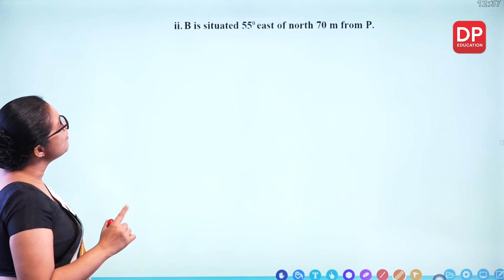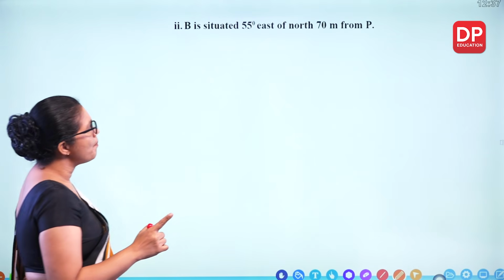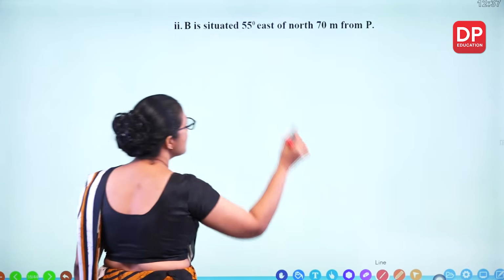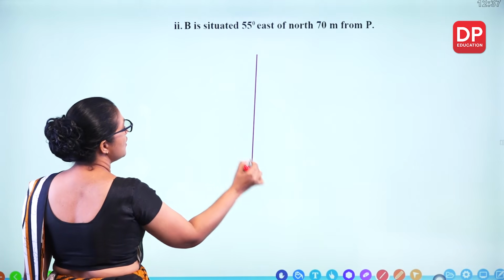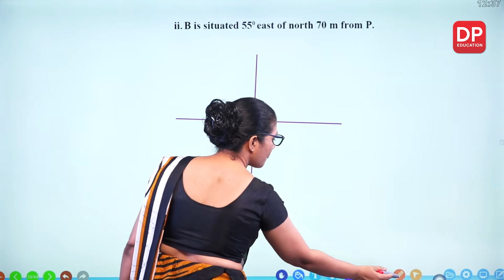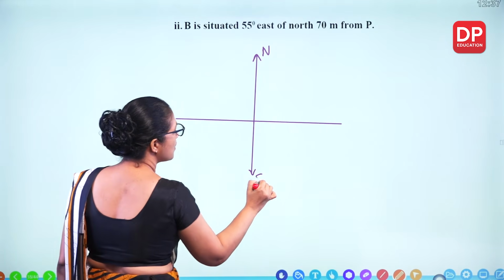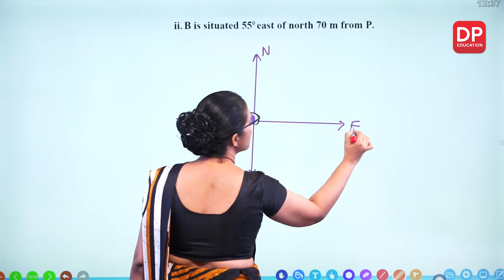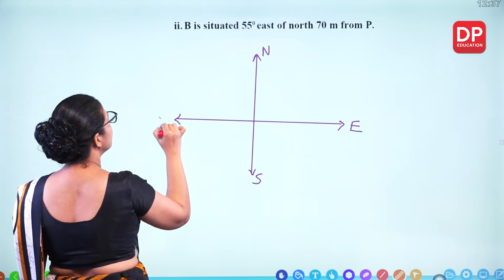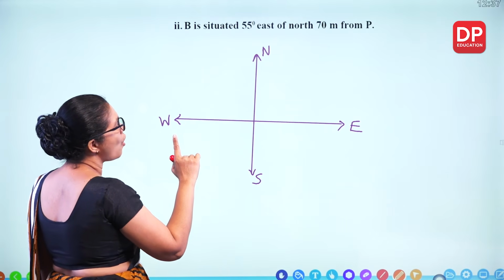B is situated 55 east of north, 70 meters from P. So how can we sketch that? We'll draw the main axes: north, south, east, west. 55 east of north.